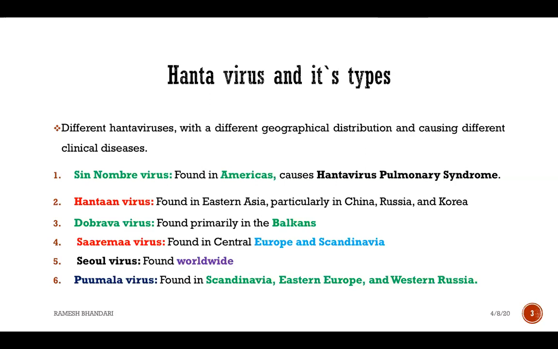The fifth strain is Seoul virus, which is found all over the world. And the sixth strain causing human infection is Puumala virus, which is generally found in Eastern European countries and Western Russia.